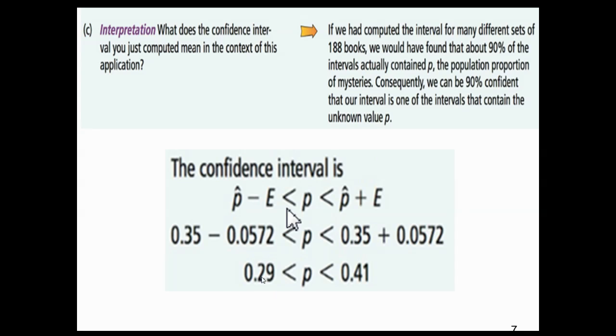In other words, between 29% and 41% of all the books sold by this particular bookstore were books about murder mysteries. Quite a range there, but if you want to be more precise, this range is going to get even larger and larger.